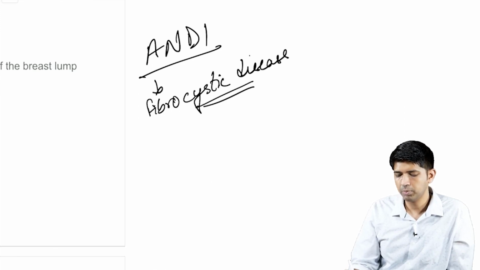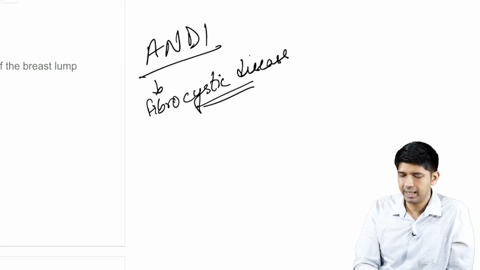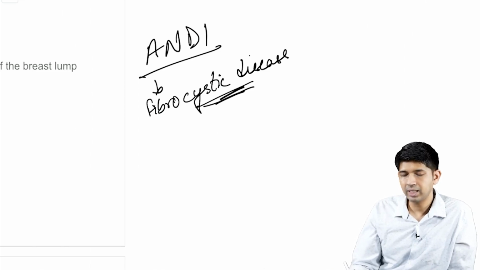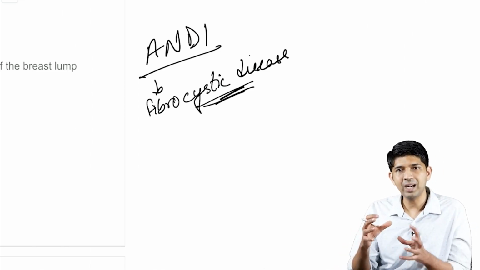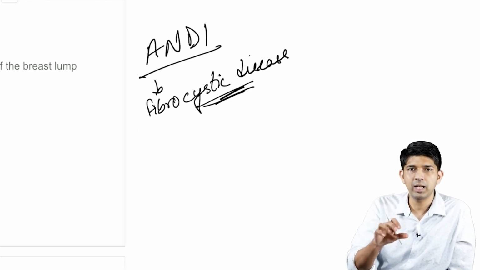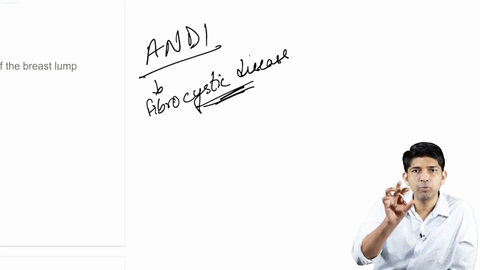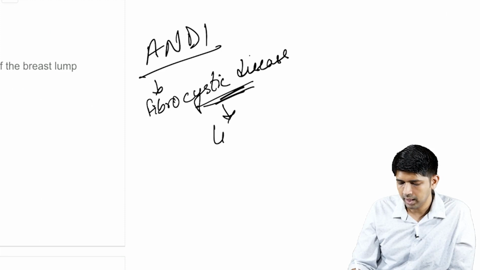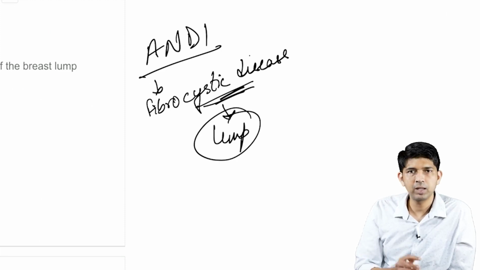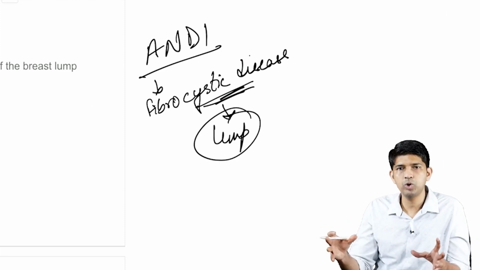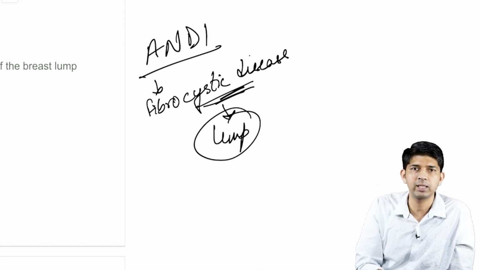It is no longer used as a term because it comes under the category of ANDI. So when there is a fibrocystic disease, what happens? The breast parenchyma itself is a bit nodular, and when you try to grab onto it like this, it will feel like a lump. But in reality there is no lump. There are only small cysts which are just close to each other, and when you hold on to it like this, you will feel like it's a lump.